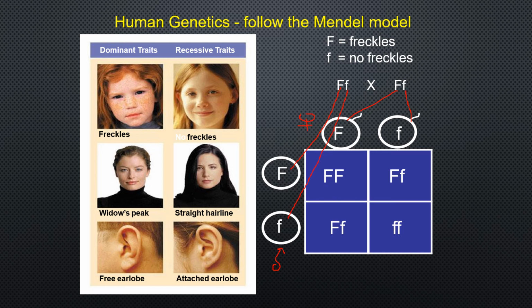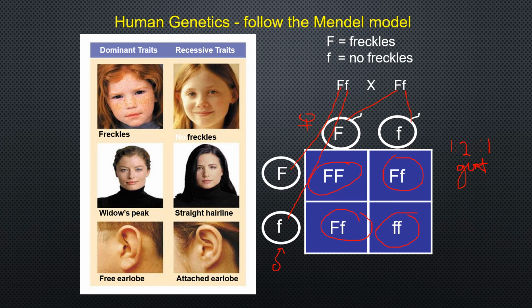What we would get out of that is a homozygous dominant, a heterozygous dominant, another heterozygous dominant, and a homozygous recessive. So that means we have a 1 to 2 to 1 genotypic ratio.